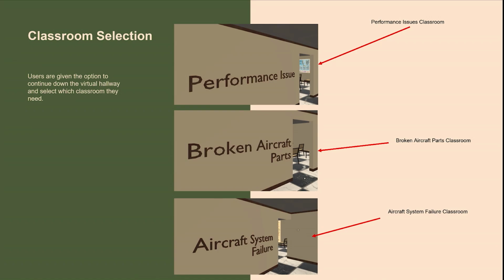So that was really neat for them to interact with this material in a 3D space that allowed the parts to come to life, but also in a traditional format with the PowerPoint screens on the wall that took them through either a video or just PowerPoint slides on the topic that they may have been more familiar with. So we saw the merging of 2 concepts within one, which was really nice. So: performance issues, broken parts, broken aircraft parts, and aircraft system failure.